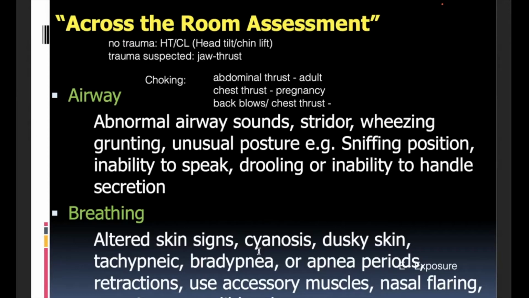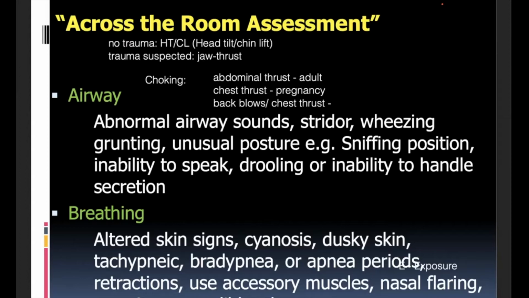Okay, now let's move on to the next, which is your breathing. What are the things that you're going to assess, or the things that are usual in patients who are having problems in terms of breathing? Altered skin signs, cyanosis, dusky skin, tachypnea, bradypnea or apnea periods, retractions, use of accessory muscles, nasal flaring, grunting, or audible wheezes.